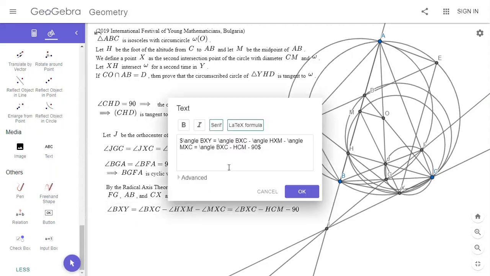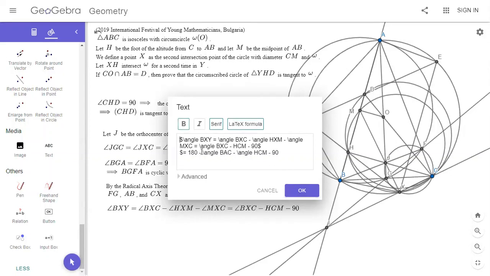And that's 180 minus angle BAC minus angle HCM minus 90. I'm just going to write it as 90 minus that. Okay.